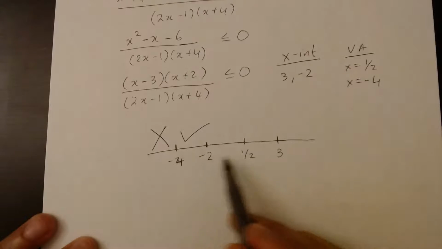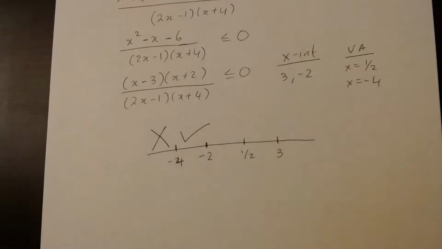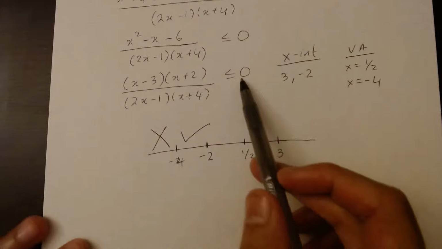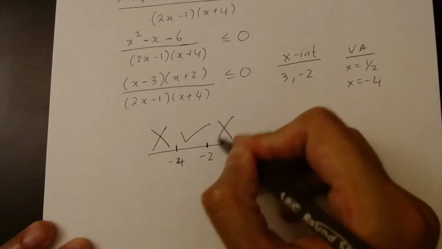I'll pick a number between -2 and 1/2. I'll just pick -1. So I'll replace all the -3's in my calculator with a -1. And I get +4/9, which is not less than or equal to 0, so that's not a good range.